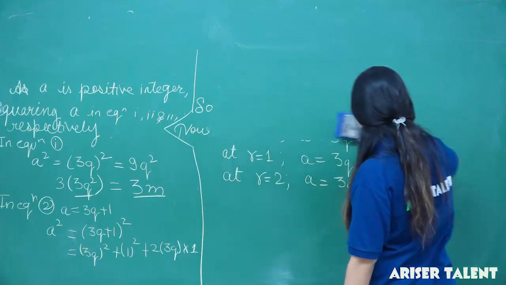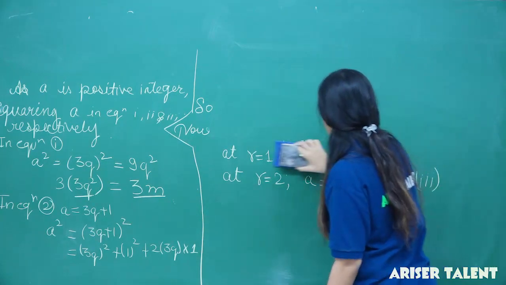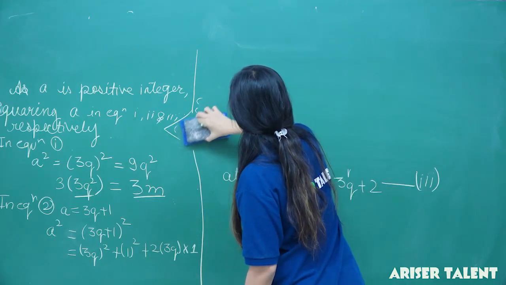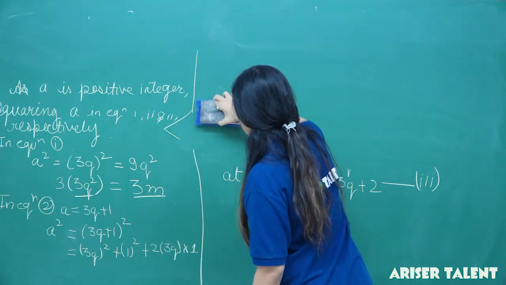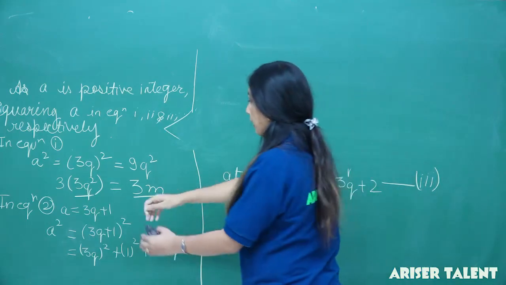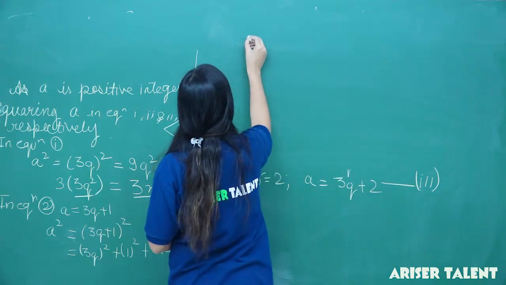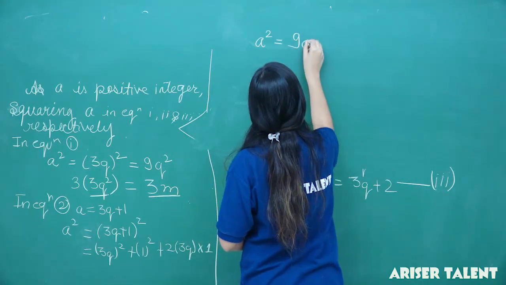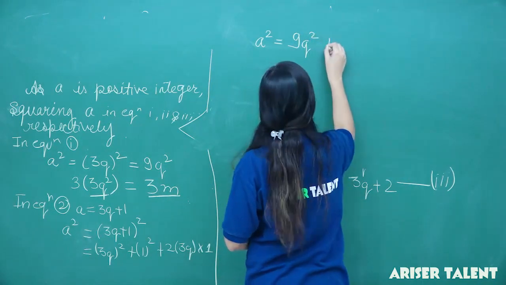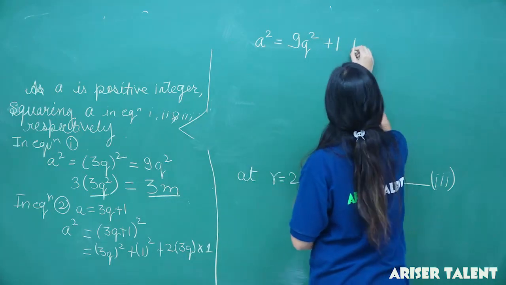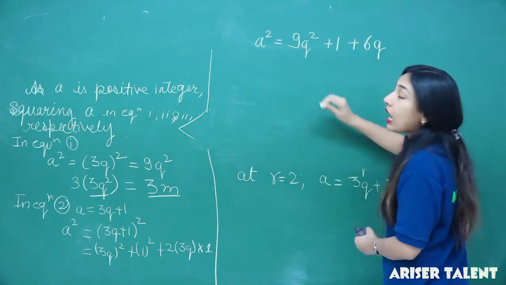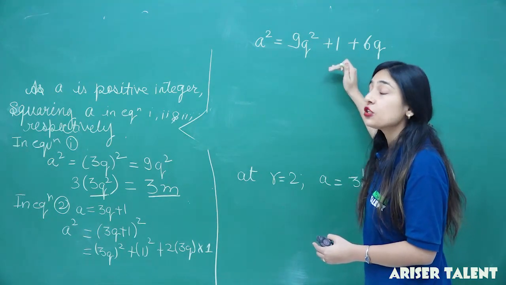We have taken r equals 0, we have taken r equals 1. Now a square will become 9q square plus 1 plus 6q. Now I am rearranging this equation.